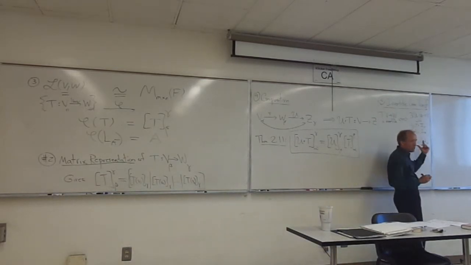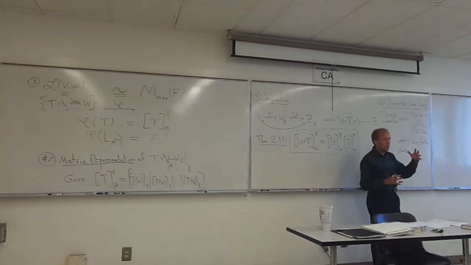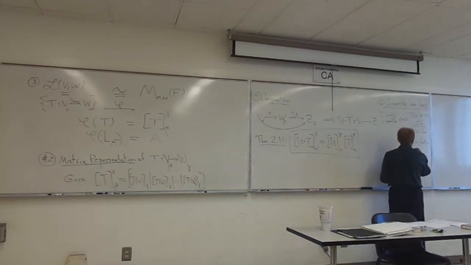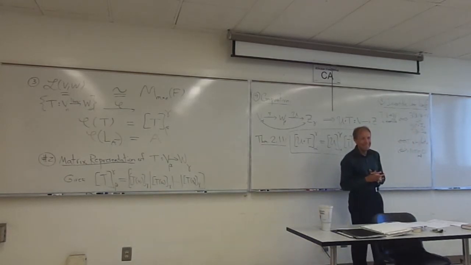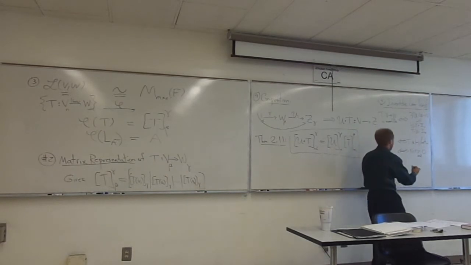Can anybody rephrase 1-to-1 for me? If T is 1-to-1, what's another way of saying that? Exactly. The null space of T is 0. And T being onto, do we know how to rephrase that one? The range of T is W. Exactly.